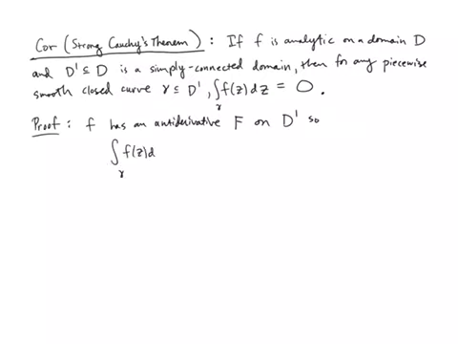But a sub m, that's the same thing as the mth derivative of f at z naught divided by m factorial.